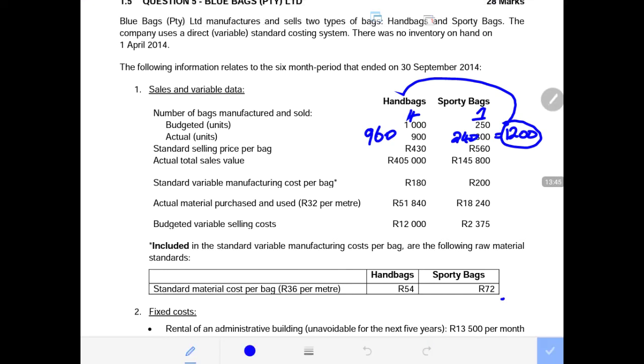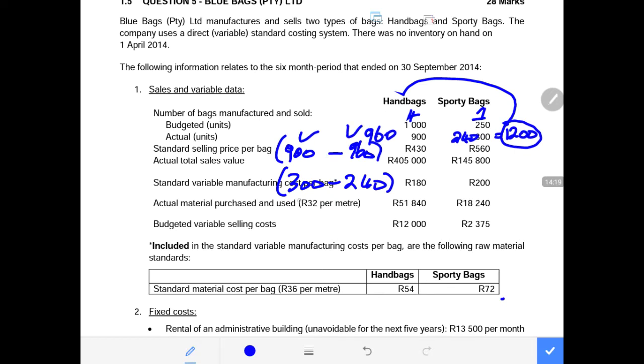So now when you do the sales variance, we need to say how many units were actually produced. The units that we actually produced were 900 for the first product, and for the second product it was 300. Then you say minus the standard mix being 960 and 240, meaning we produced 900 for handbags instead of 960.